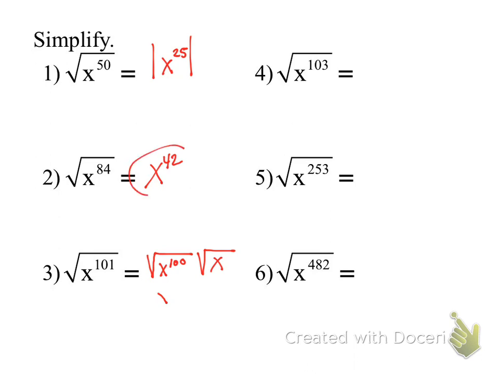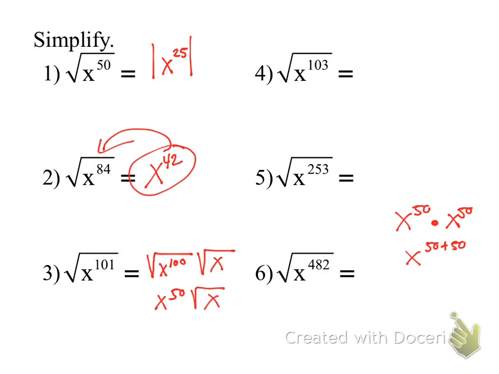X to the 42nd times x to the 42nd equals this. So what is this one? 50. Yes. You're halving it, because rules of exponents say that when we multiply like bases, we really just add the exponents. So you end up halving it when you're pulling the square root. Does that make sense? It's x to the 50th times rad x.